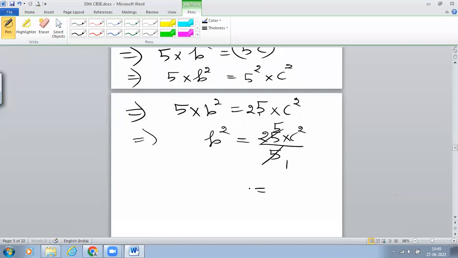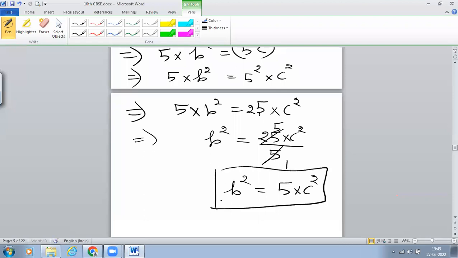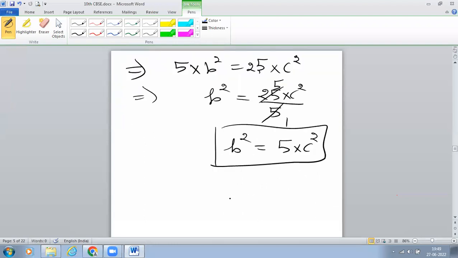So B square is equal to 5 into C square. Complete up to this.